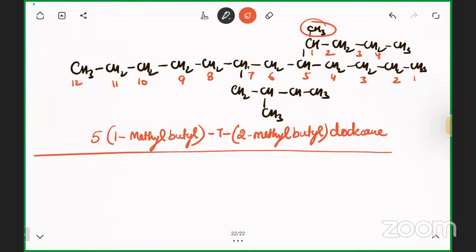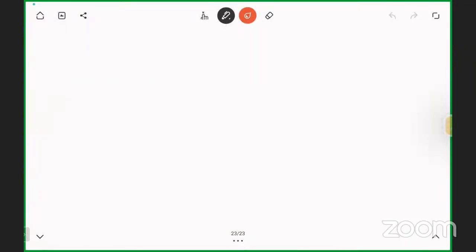Next. Sometimes what exactly happens is that the same substituent is present on the same group. Then what we have to do is add a prefix. If two same complex substituents are present, then we will use bis. If three substituents are present, we'll use tris.